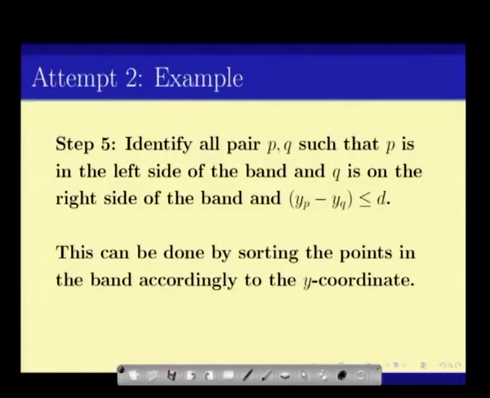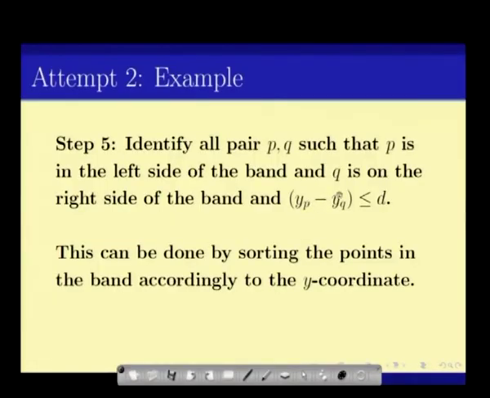This can be done by sorting the set of points according to the y coordinate, because then we can just make one pass through the set and find all the p q pairs which satisfy this condition.